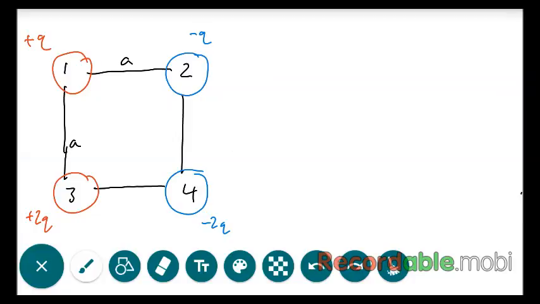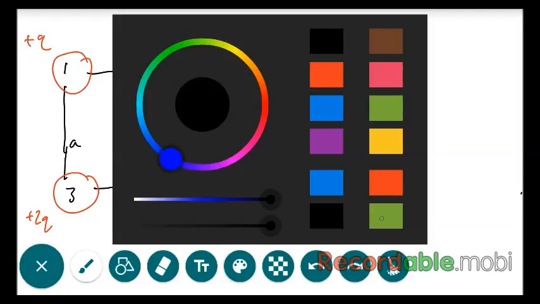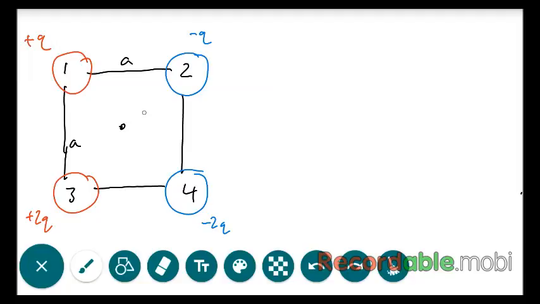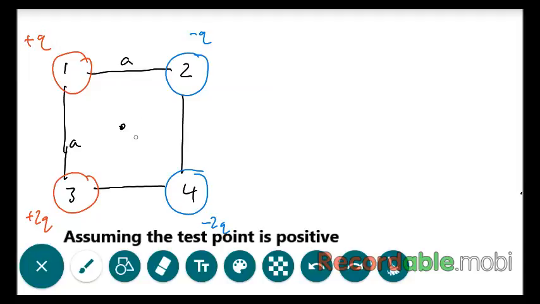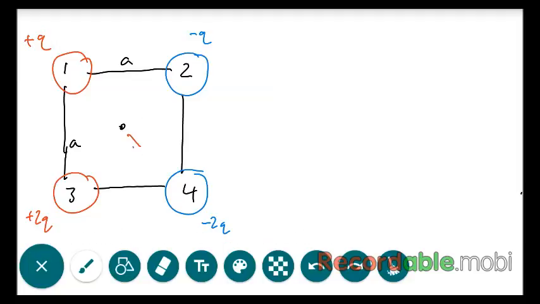So for part C, I asked, what's the E field at the center of the square? Okay, so here's the center. Now we're going to draw in our forces, using the colors that it actually represents. Particle 1 is going to exert a repulsive force going diagonally downwards.